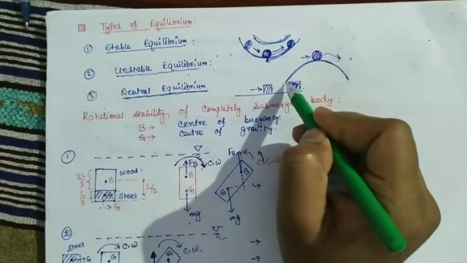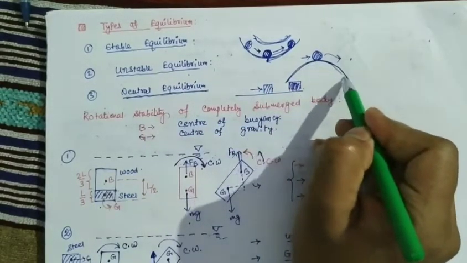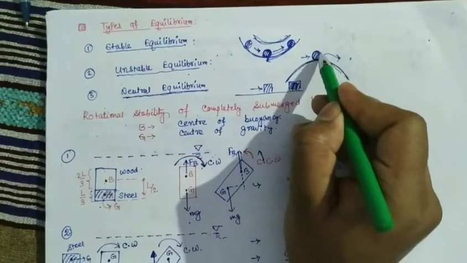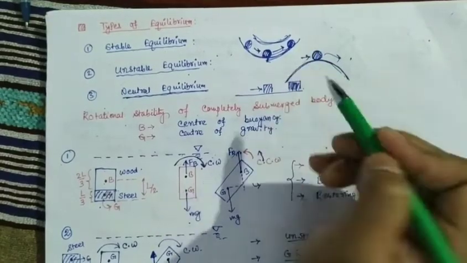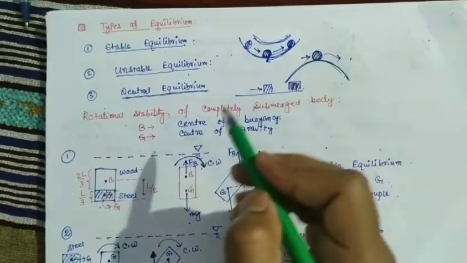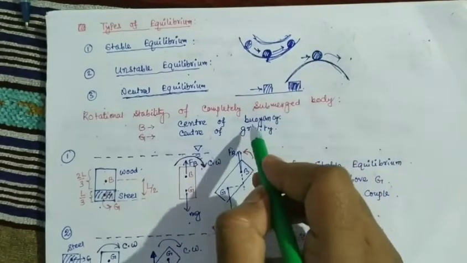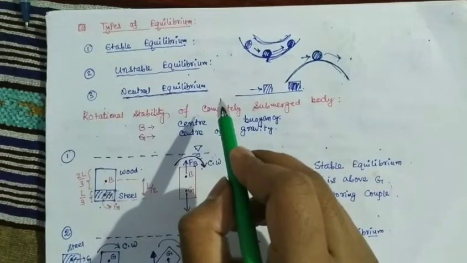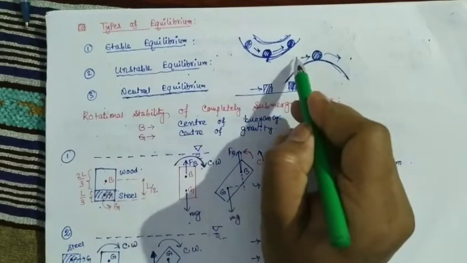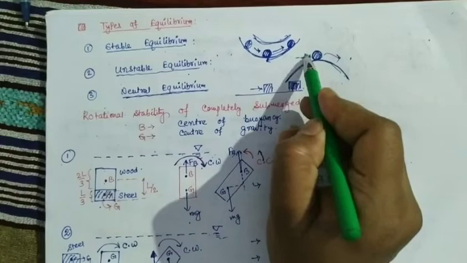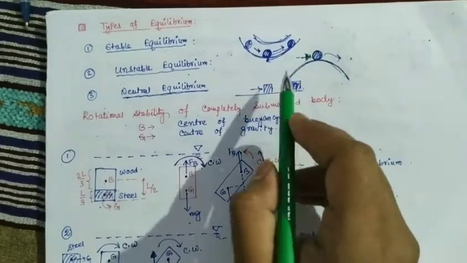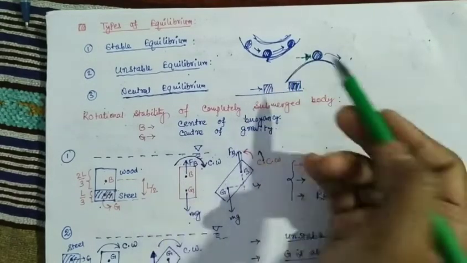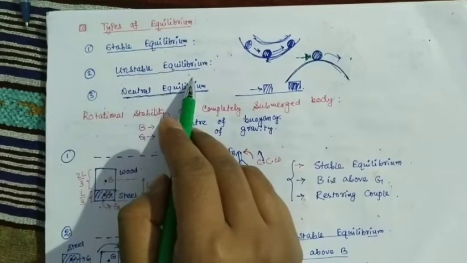Suppose there is a convex curve and I put a body on the top of the convex curve and just push the body. The body will never get back to its original position. It will just go down. So it is a state of equilibrium in which a small disturbance, just a little push, will produce a large change. This is unstable equilibrium.